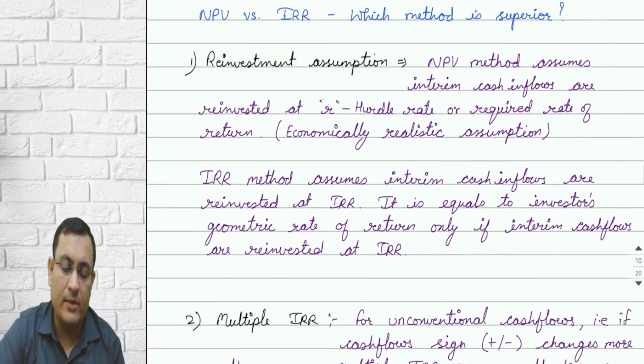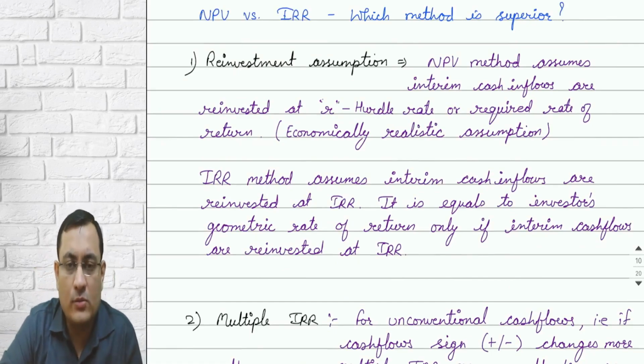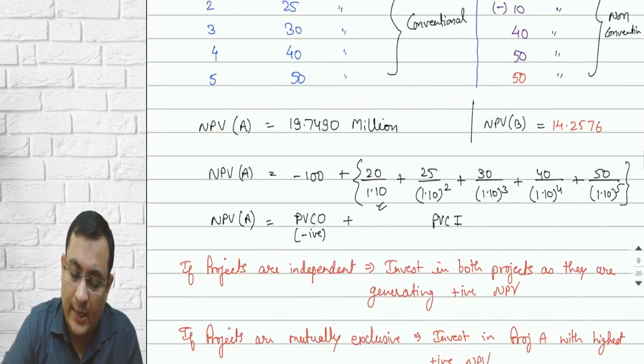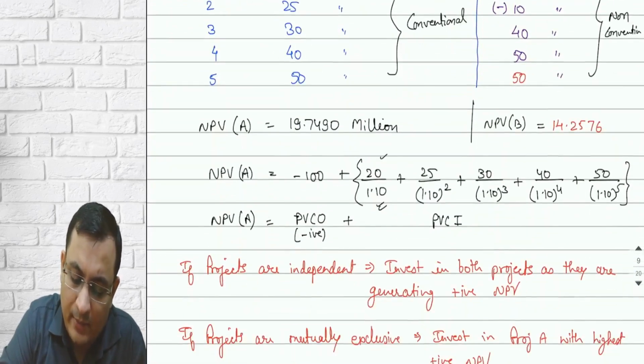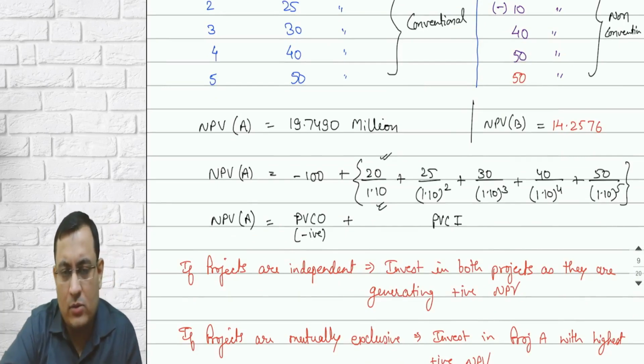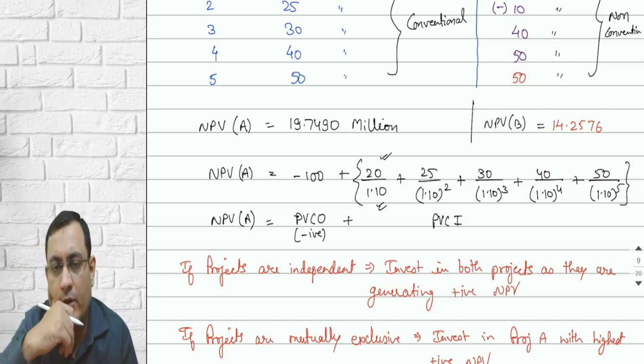The reason is that the NPV method assumes that we have done the calculation by discounting these interim cash flows by your COC, bringing them back to T0 by extracting the return of COC only.